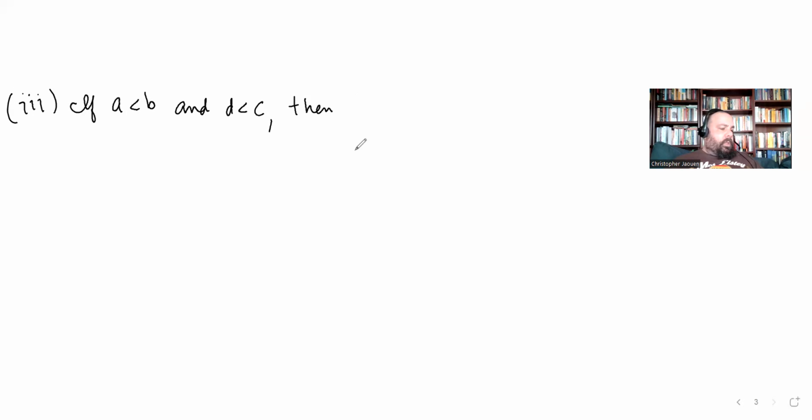Right, on to part three. Part three says if A is less than B and C is greater than D, then A minus C is less than B minus D. Right, proof.